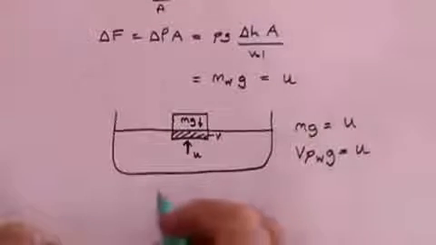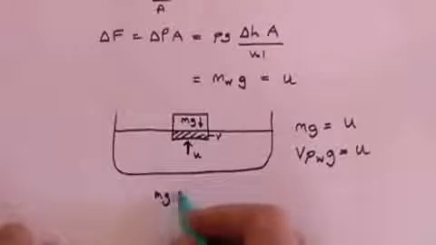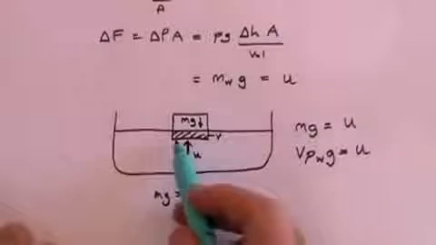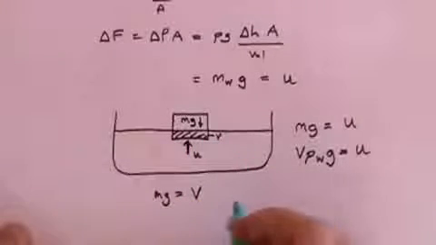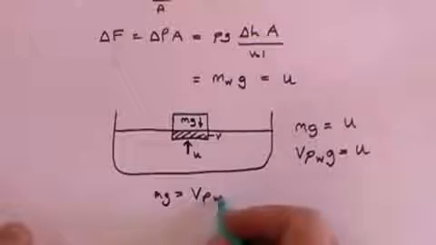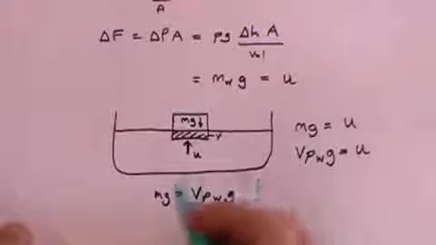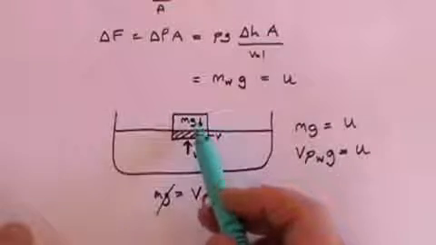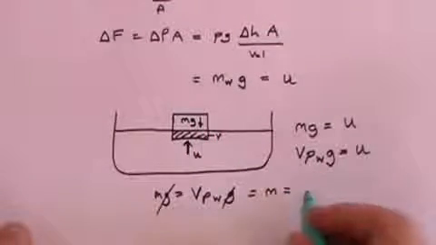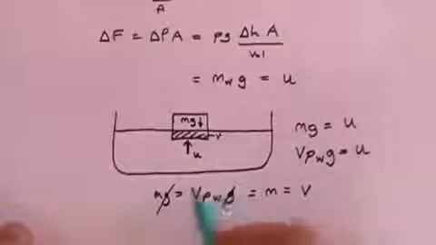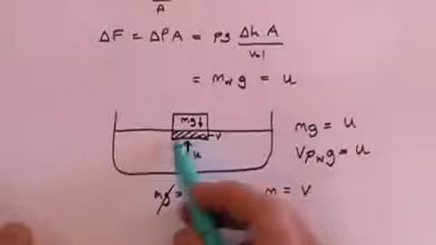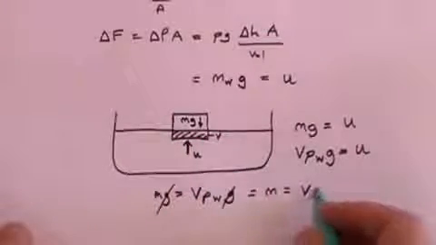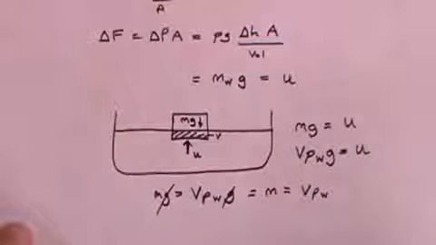So you have that mg is equal to the volume that is underwater times the density of the water times g. The g's cancel and you get that the total mass of the object is equal to the volume of the part of the object that's underwater times the density of water.